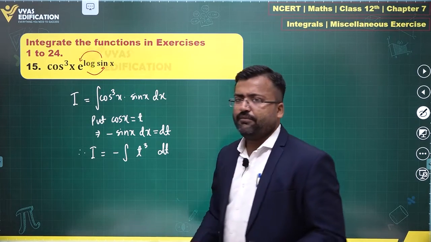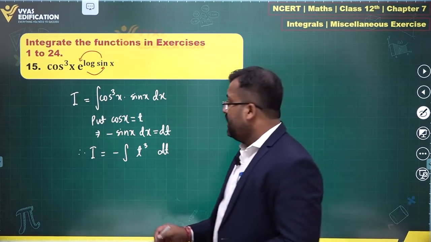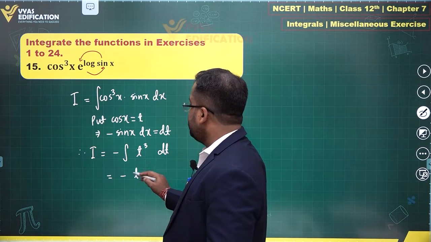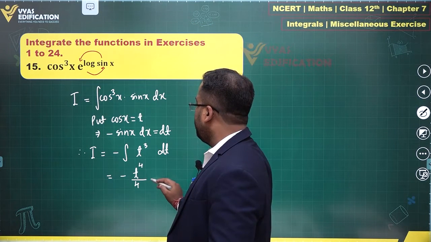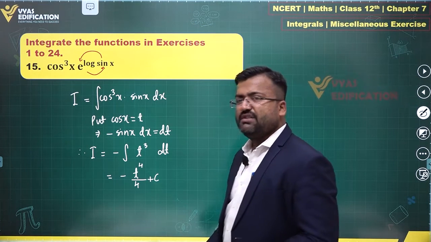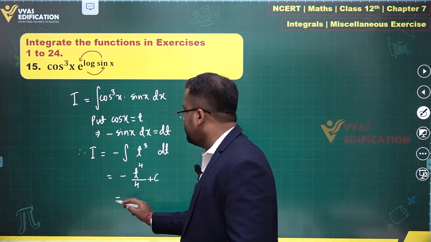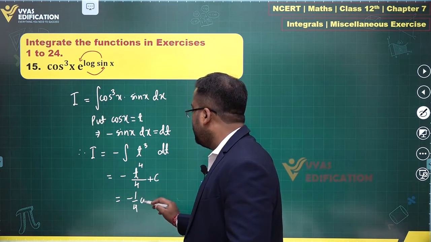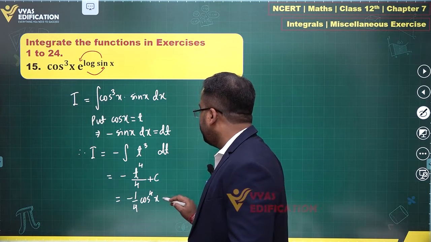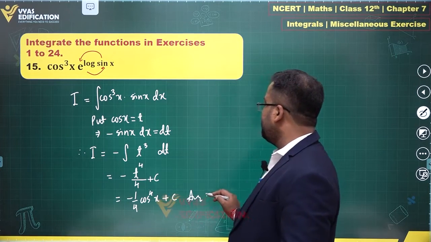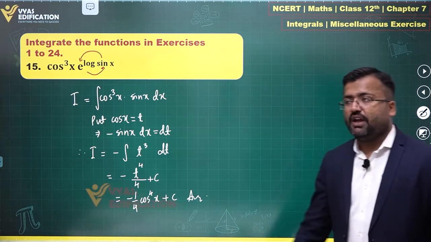This is what you'll get after substituting. Minus this is t power 4 upon 4 plus constant. And what is the value of t? t is cos x. So this is minus 1 by 4 cos power 4 x plus constant. That is my answer for this question over here.